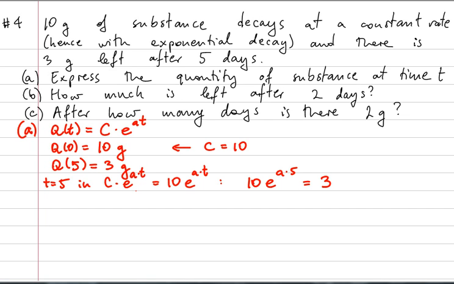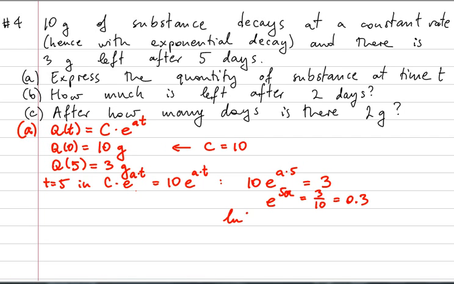So we are left with an exponential equation, and we need to solve for a. In order to solve for a, we divide by 10 on both sides, and we get e to the 5a equals 3 over 10, so 0.3. And in order to get a down from the exponent, we apply the logarithm.